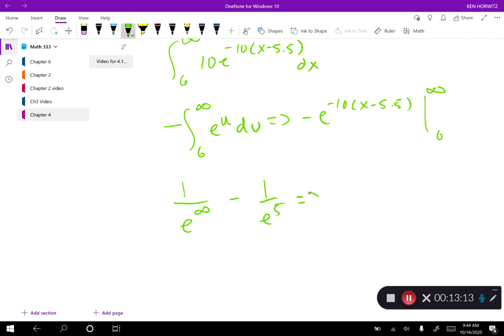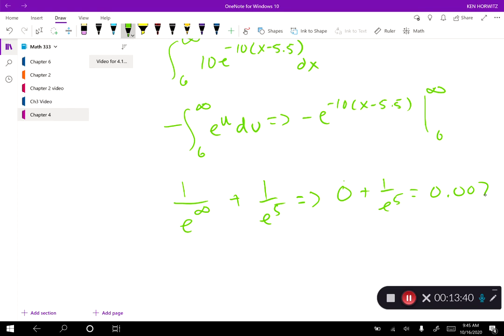And that would equal 0, actually plus, excuse me, plus 1 over e to the 5th, which I got 0.007. So it doesn't look very likely that the width of our pipe would be more than 6.